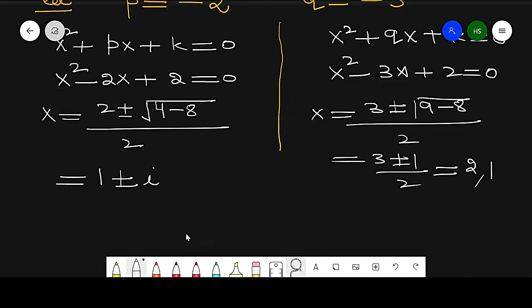So these are the four roots: 1, 2, and 1 plus minus iota. So in this way we can solve biquadratic equations whose roots are in GP.